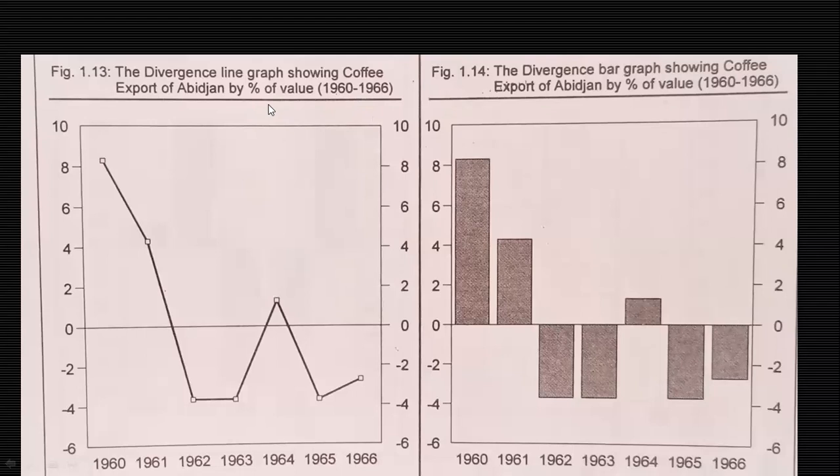Then for vertical scale, 1 centimeter represents 2 percent of coffee on this side. I hope we are together. It will be the same even on this side. I have put this because I wanted you to understand. The difference is only in the bars, which I'm going to explain.